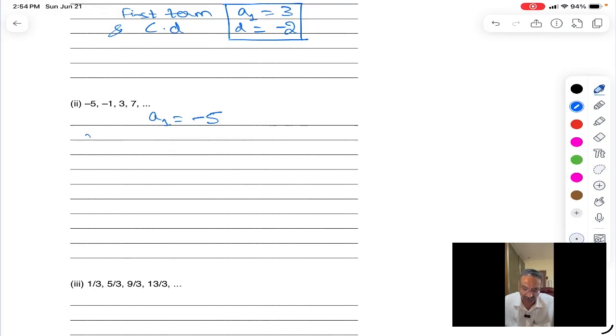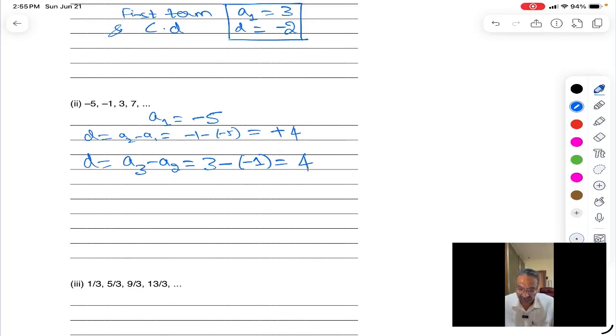a1, the first term, is equal to minus 5, and the common difference is a2 minus a1, which happens to be minus 1 minus of minus 5, equal to plus 4. Or you can also say d is equal to a3 minus a2, which is 3 minus of minus 1. Minus of minus 1 is plus, you all know that.